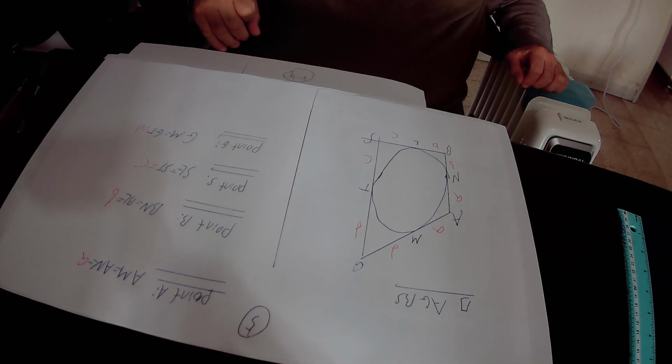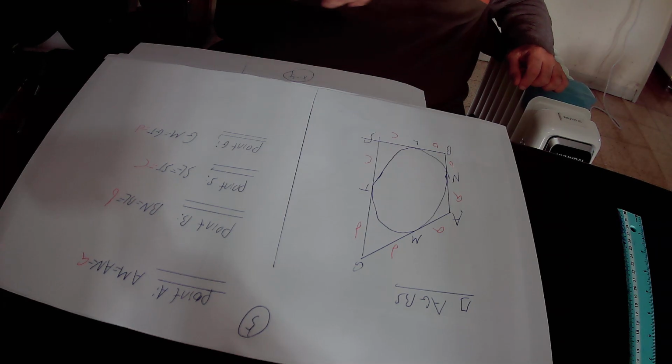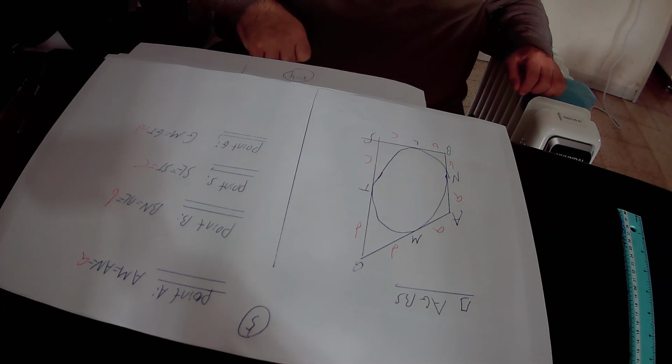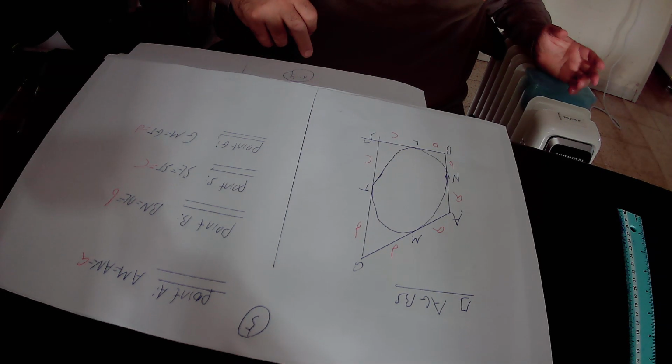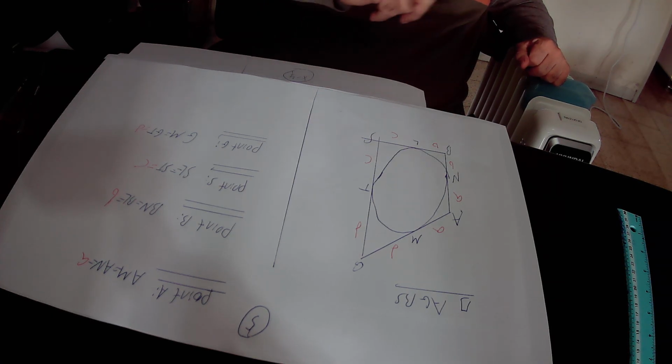Actually, in other words, the quadrilateral and the circle have between them 4 points of tangency. Those are M, T, L, and N. They are tangent to each other at 4 points: M, T, L, and N.